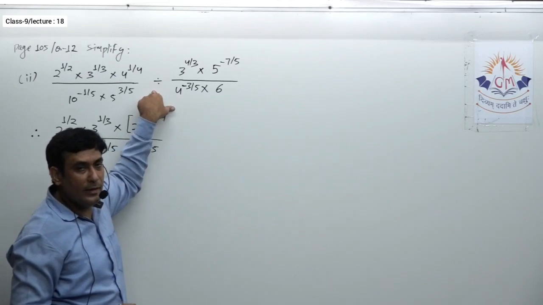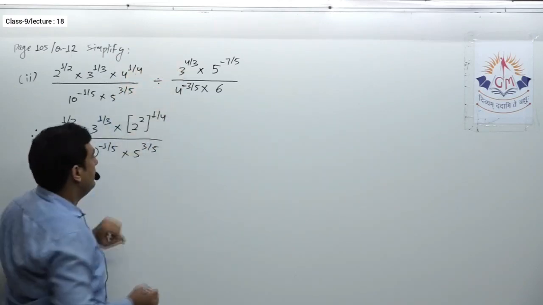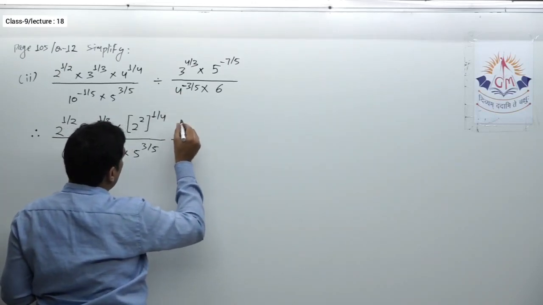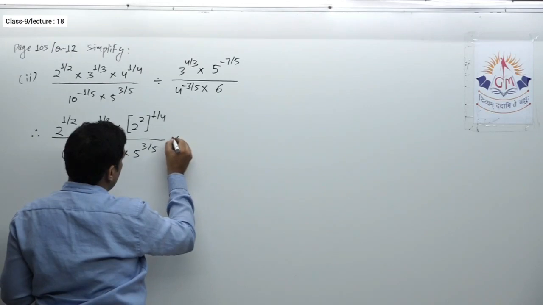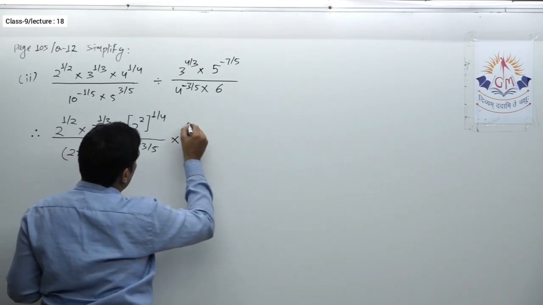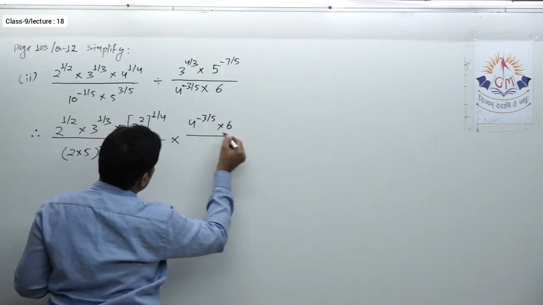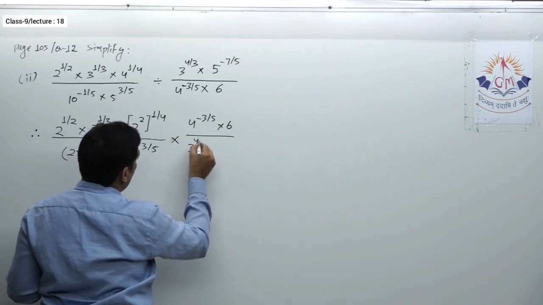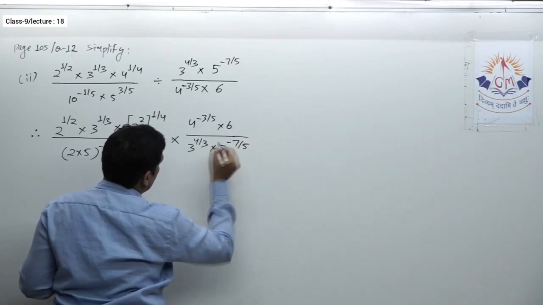There is a division sign, so I can reciprocate this by changing the sign. So instead of division sign, actually I have to take the multiplication sign. Okay, so let us do that. So here I write 4 raised to minus 3 by 5 multiplied by 6 in the numerator, and 3 raised to 4 upon 3 multiplied by 5 raised to minus 7 upon 5 in the denominator.